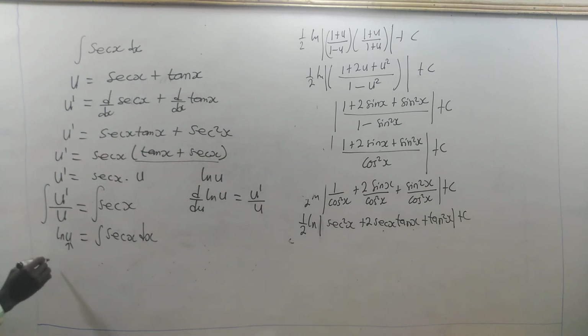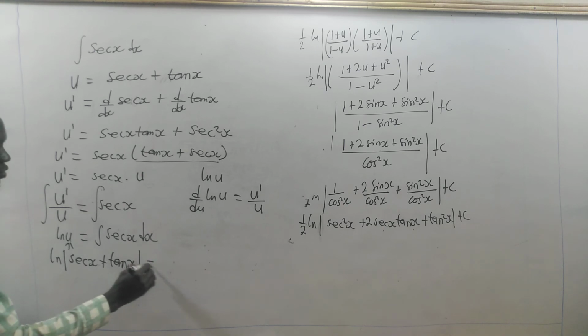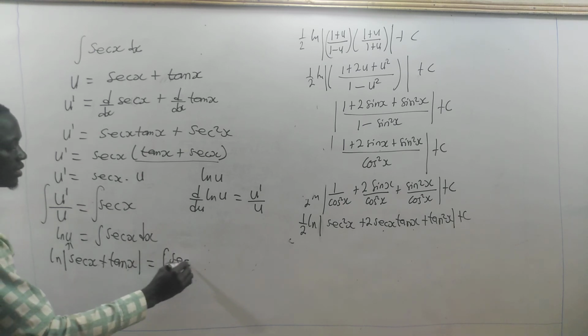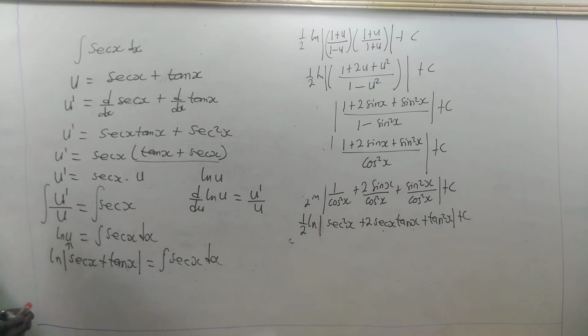So you are going to replace this by ln, then bring the absolute value sign, secant x plus tangent x, equal to the integral of secant x dx. And this gives us the standard formula for the integral of secant x dx.